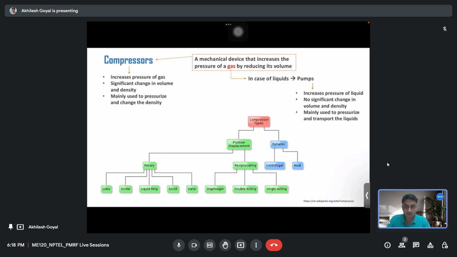Now, what are the different types of compressors? Compressors are divided into two parts. The first is the positive displacement compressors, and the second is the dynamic compressors.